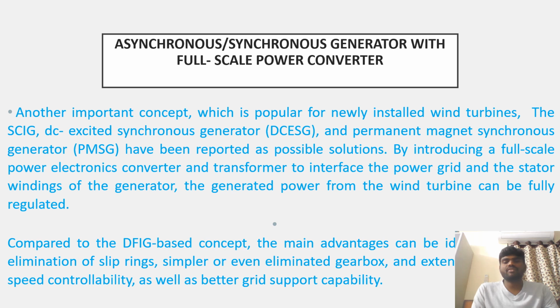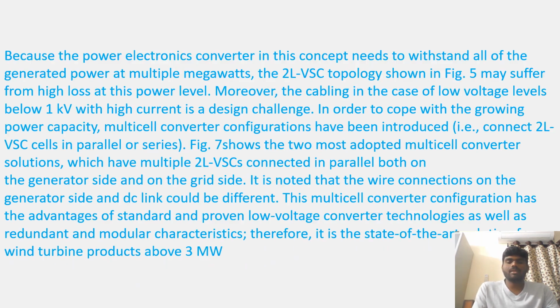The generated power from the wind turbine can be fully regulated. Compared to the DFIG based concept, the main advantages are the elimination of slip rings, a simpler or even eliminated gearbox, extended speed controllability, as well as better grid support capability.